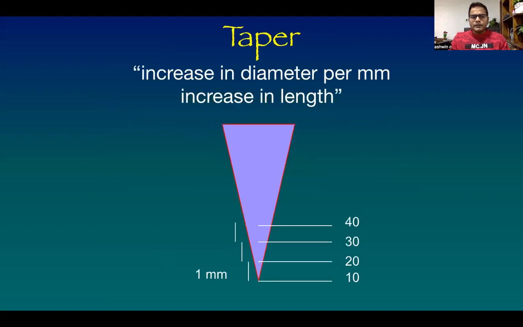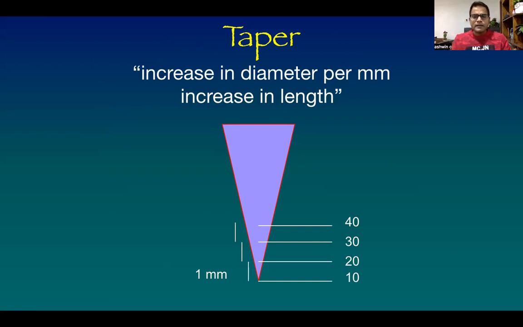Okay. So now see the concept of taper. Now, if you go on looking at the definition, it confuses you. What is taper? It is the increase in diameter per millimeter increase in length. What does this mean? For example, I have a number 20 file, 2%.